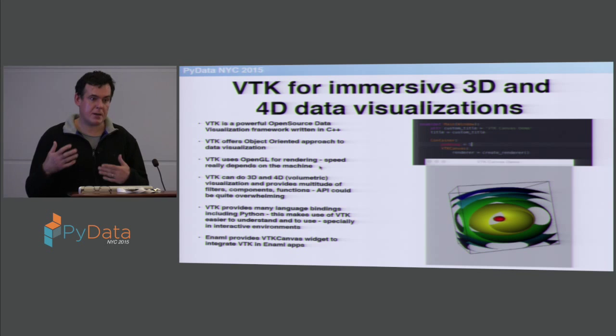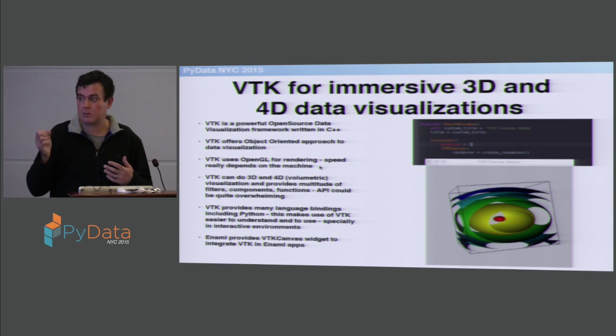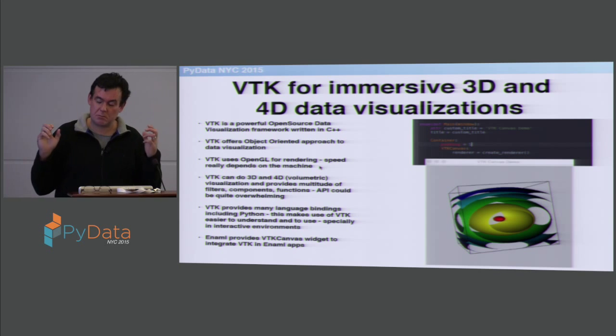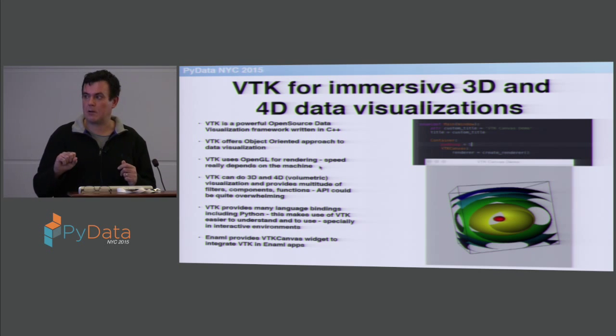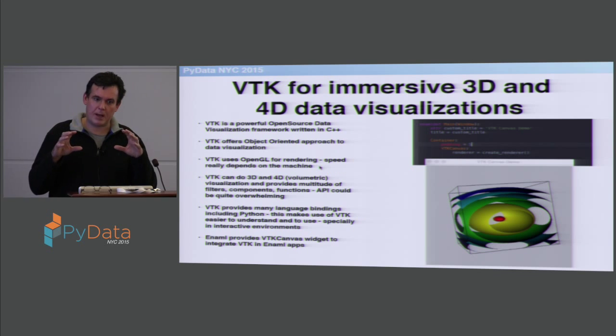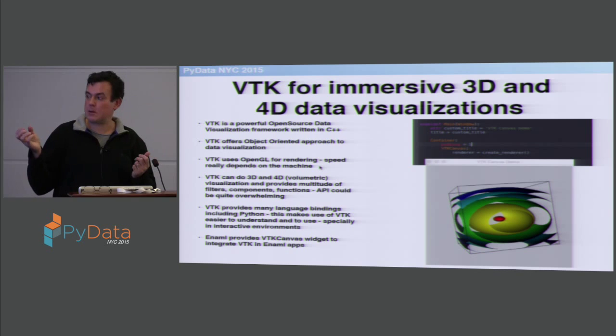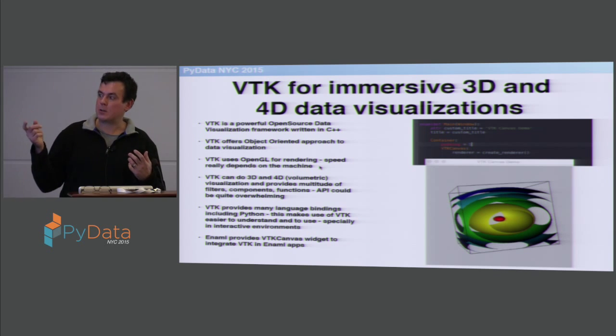And it's been progressing. There's new releases all the time. I was mentioning this in the beginning with 6.3. Just came out, so it's really, really actively developed. It's maybe a little niche, meaning that it's really complex to maybe use. But with Enaml, we can maybe make it easier. So Enaml offers, I was talking to Chris when he worked with me at JP Morgan at some time, to actually include this VTK canvas into the Enaml.